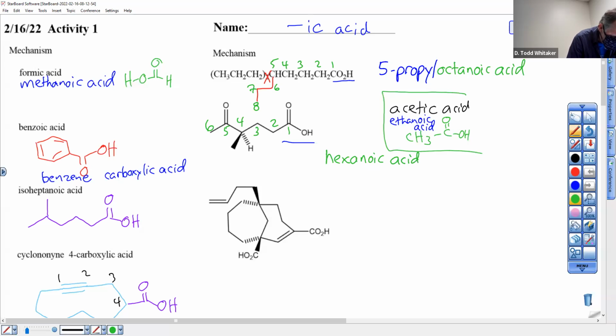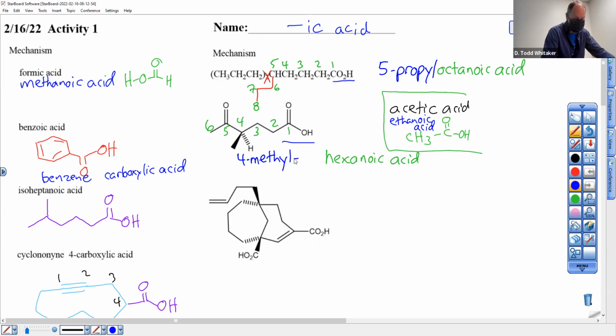One of the groups is a methyl on 4. 4-methyl. What's that group on 5? If it's not a ketone, what's it called? Now, when I asked that question, and that question's misleading, it is a ketone. Don't get me wrong. You just can't call it one when you've got a carboxylic acid. So we call it an oxo group.